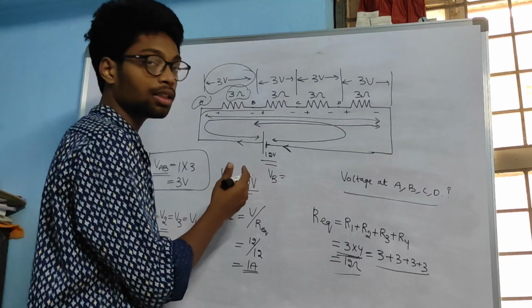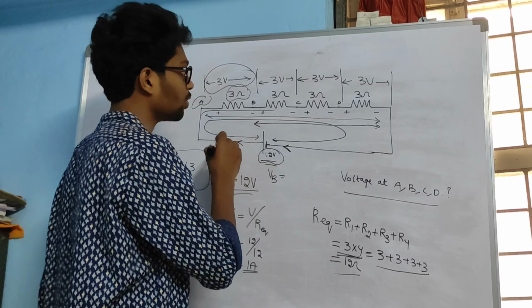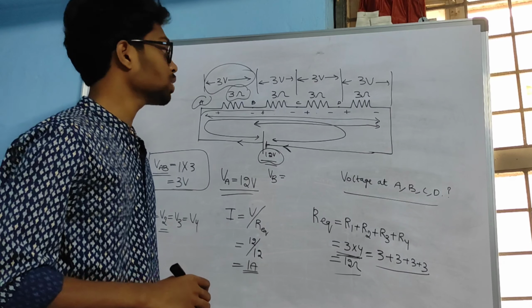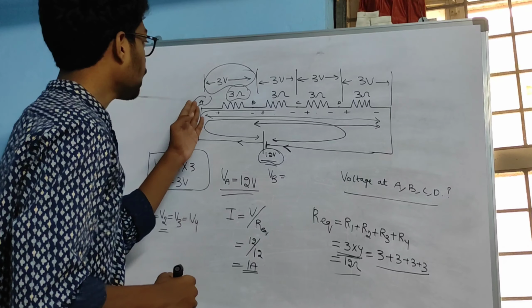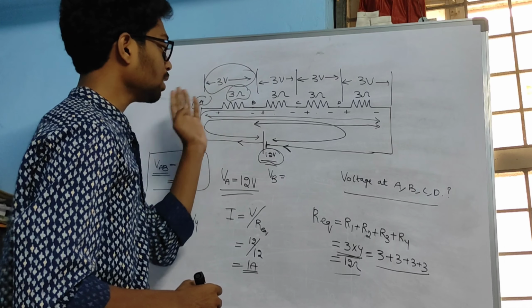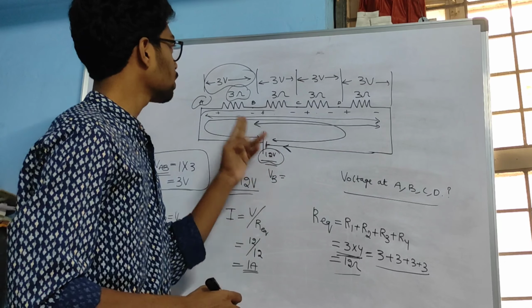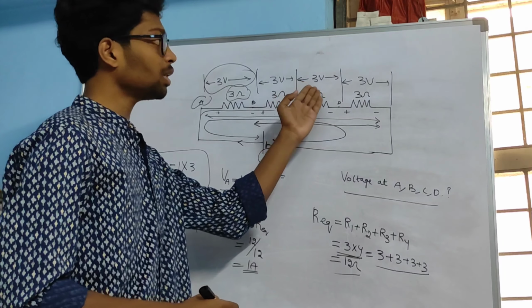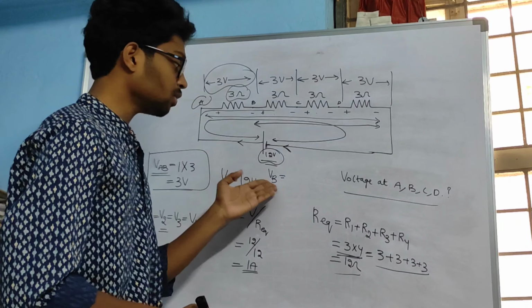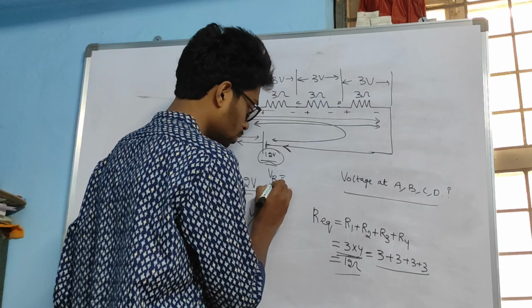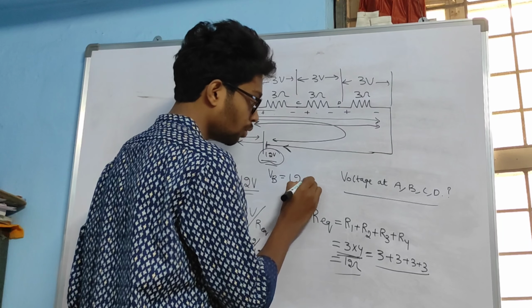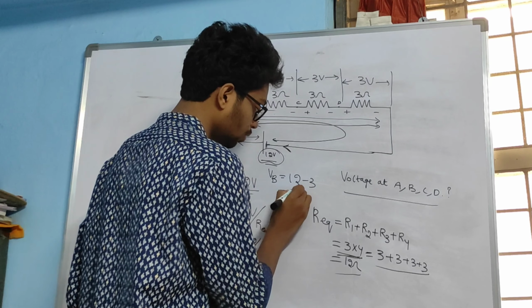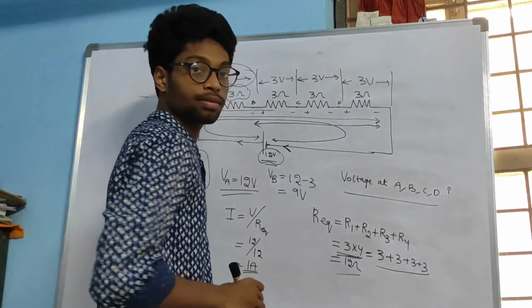So I cannot take the total applied voltage as equivalent to VB over here. So I have to either subtract 3 volts from 12 volts, or I have to simply add up 3 plus 3 plus 3. So I will get the VB. So I am subtracting 3 volts from 12 volts. I have got VB of 9 volts.